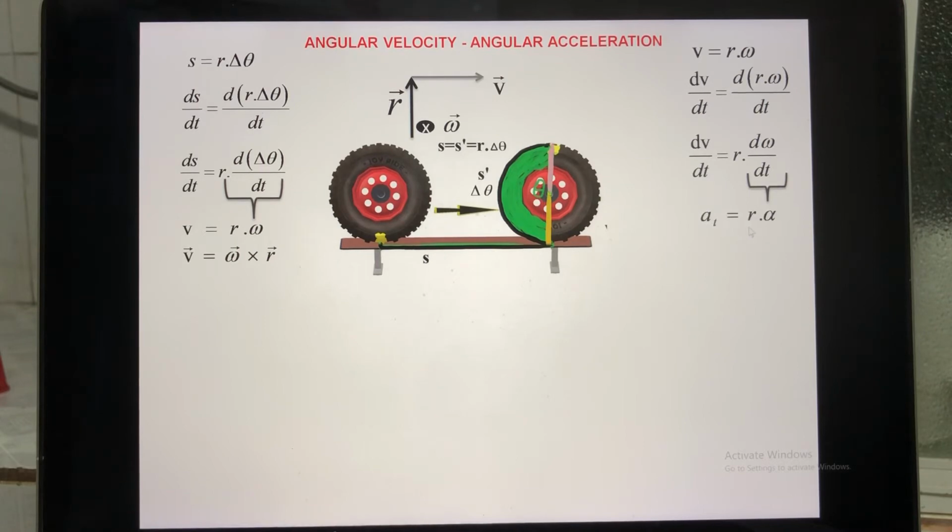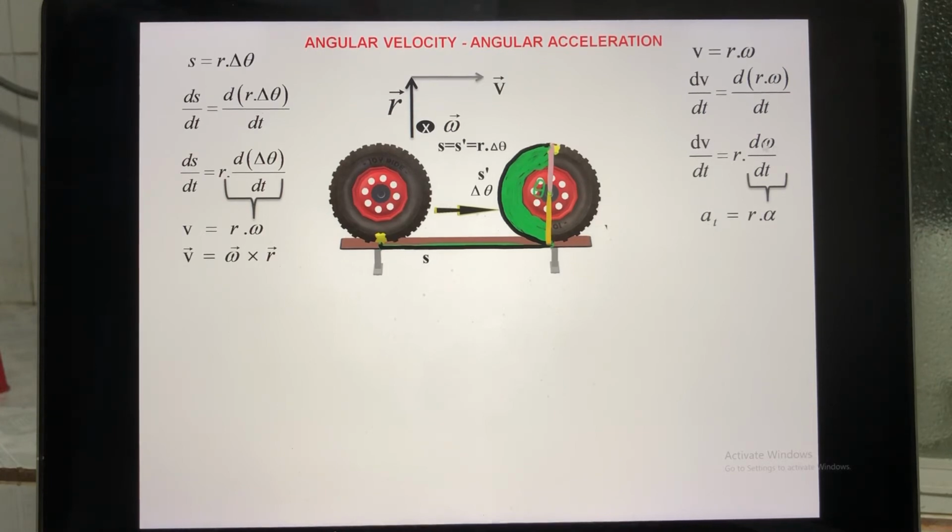What is the unit of tangential linear acceleration? It will be the unit of velocity over the unit of time, and the unit of velocity is meter over second. Now you divide by second one more time, so you have meter over second squared.